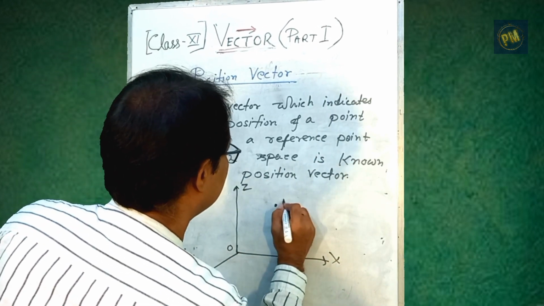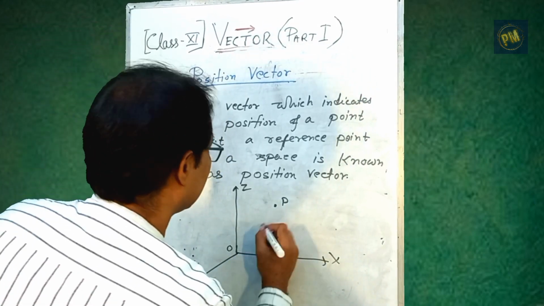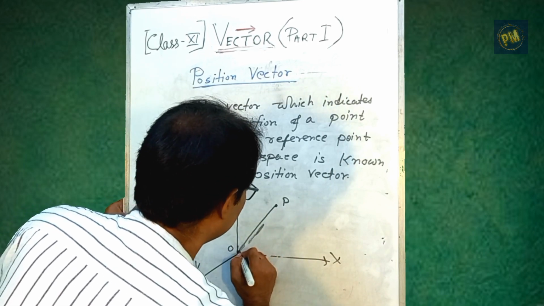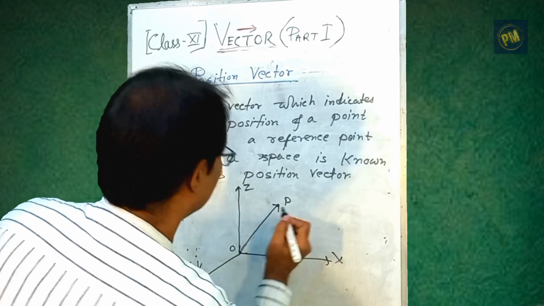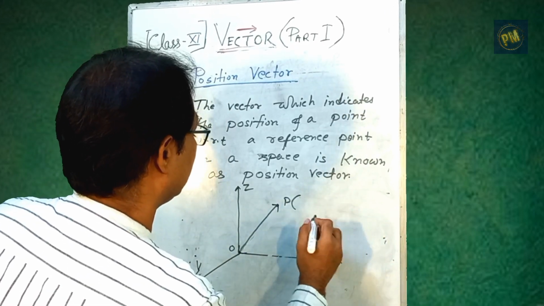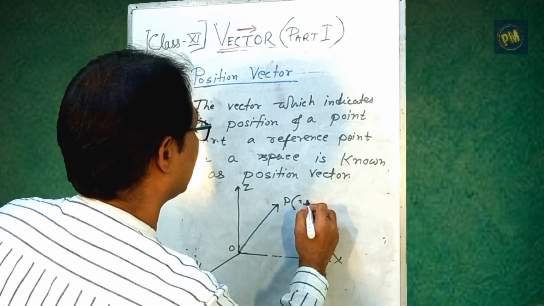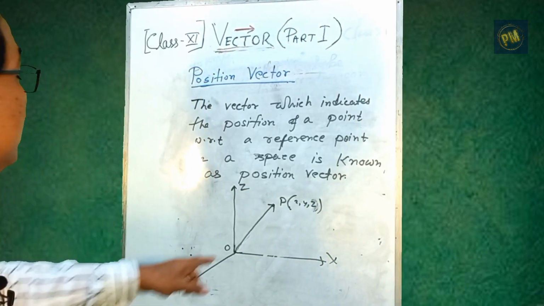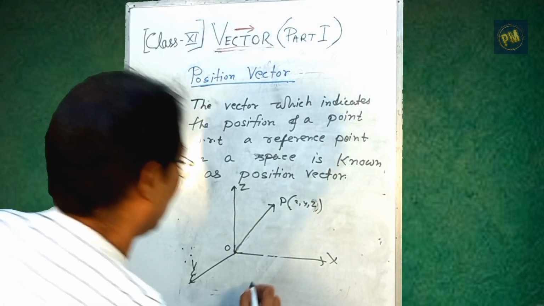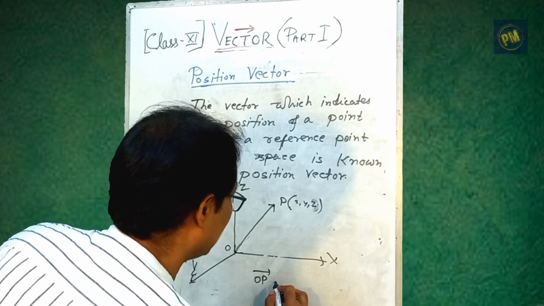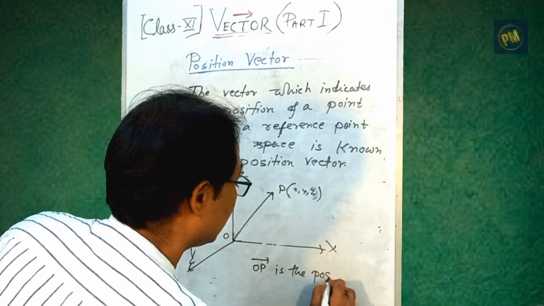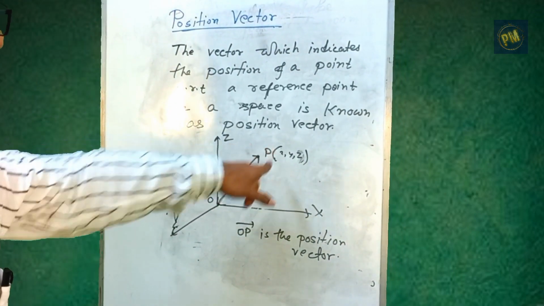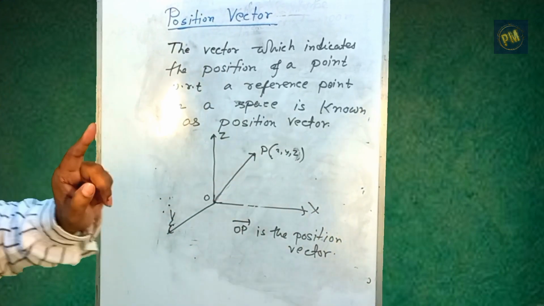Let us take a point P in the xz plane, then join OP. This OP is the position vector of point P with respect to the reference point O in three-dimensional space.